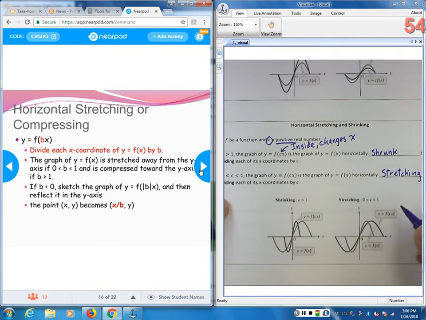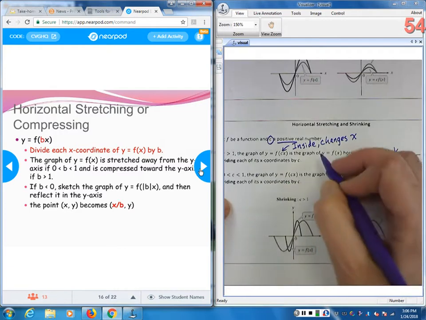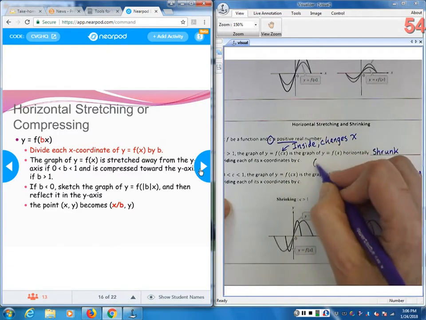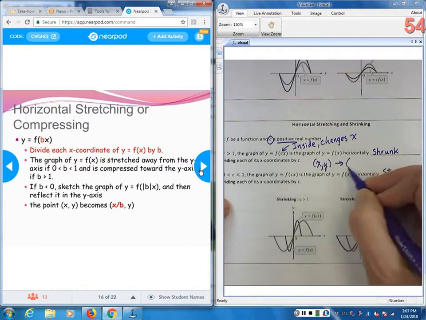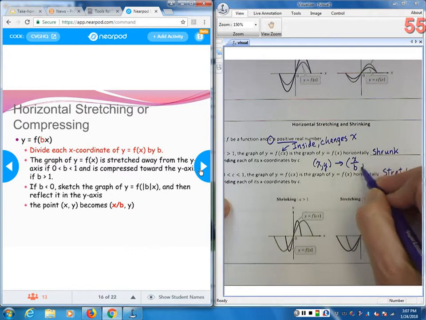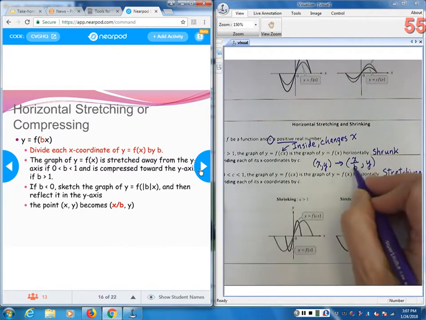And we divide each of its x coordinates by c. So x, y, in both cases becomes x divided by c, comma, y. Oh, c, you know, I'm looking at the slideshow.